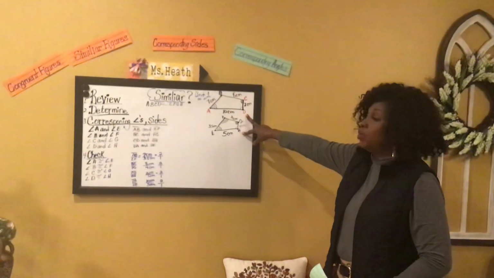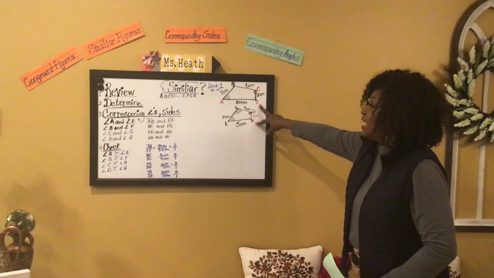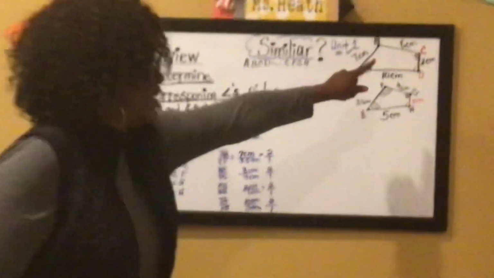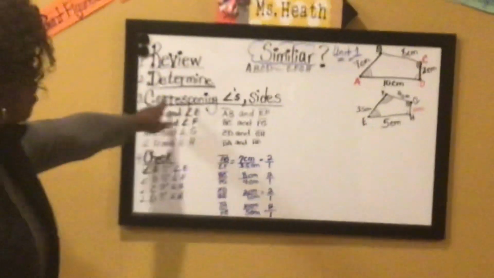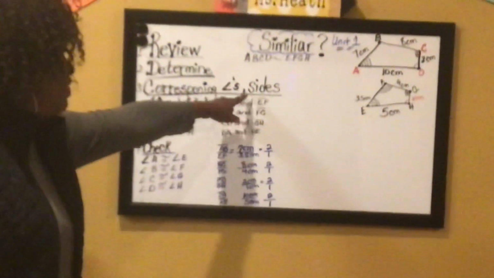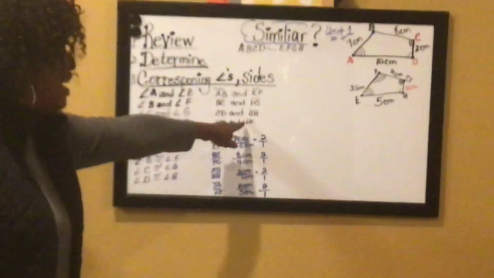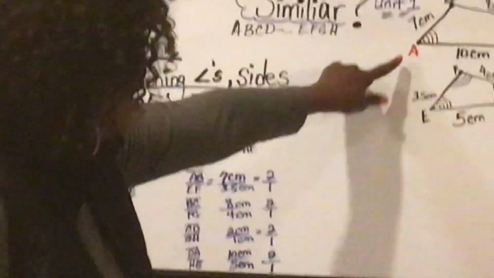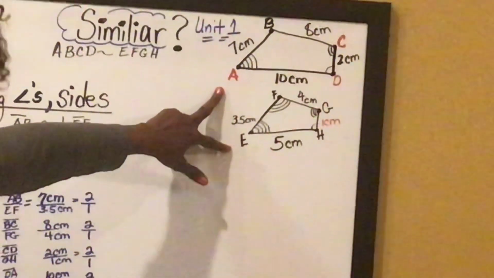And now we want to identify the corresponding sides. So here are my notes. You can clearly see everything that I just pointed to you. Corresponding angles. And then I'm going to do the sides. These are the sides over here on this side. These are the angles. I'll do it again. A and E, they correspond.